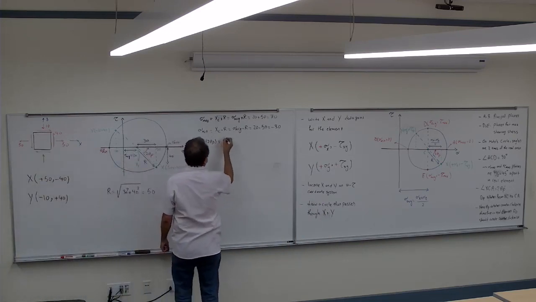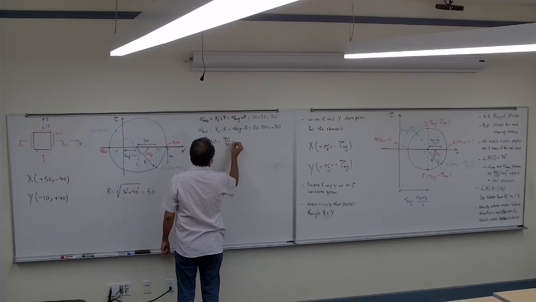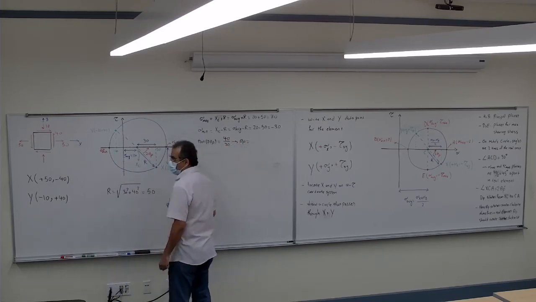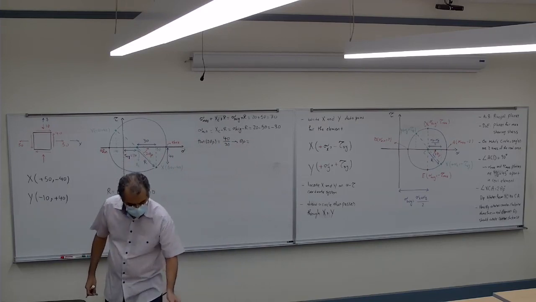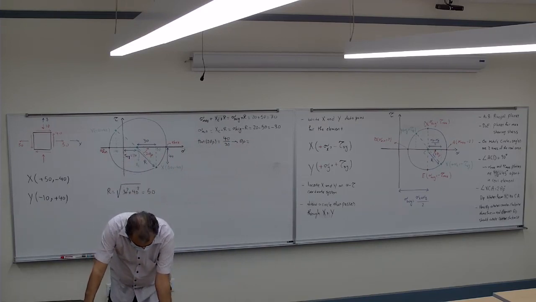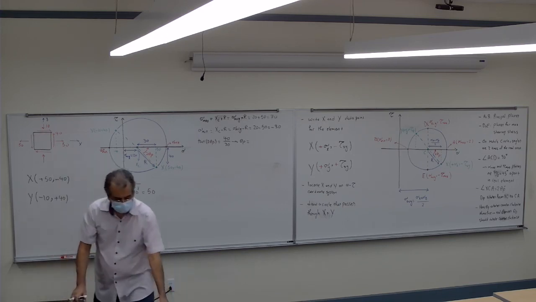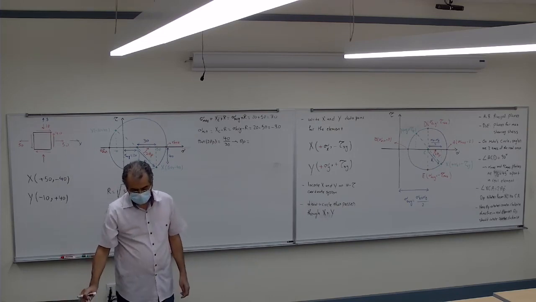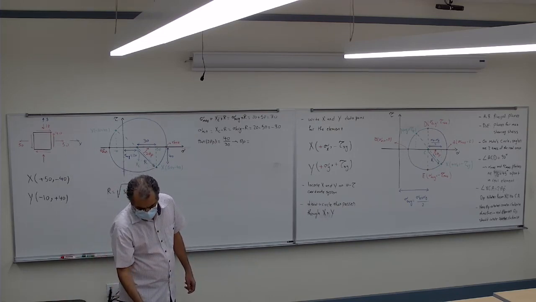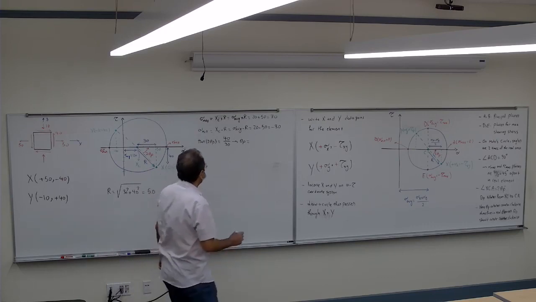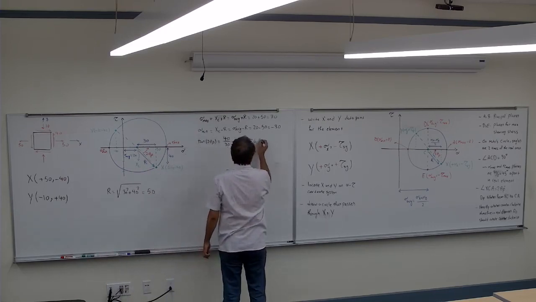Therefore, theta p, if you calculate it, is 1.3333 radian, almost in degrees. Yes, that's 26.6 degrees.